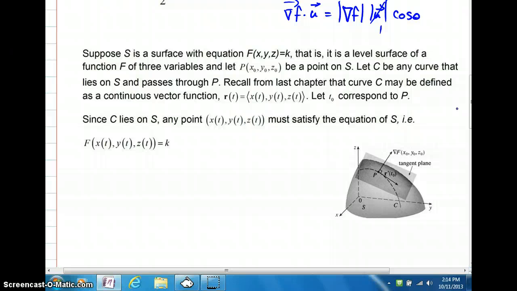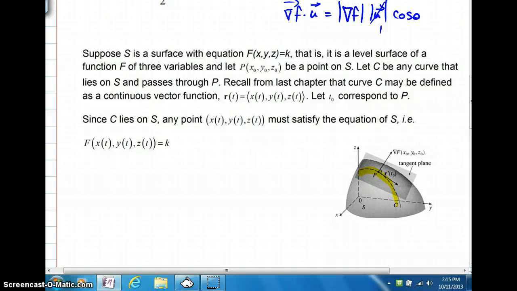And let C be any curve that lies on that surface and passes through P. So my goodness, we're not getting real particular or picky here. We're saying, look, here's a surface. It's really a level surface. There's a point on it. Pick any curve that goes through point P.